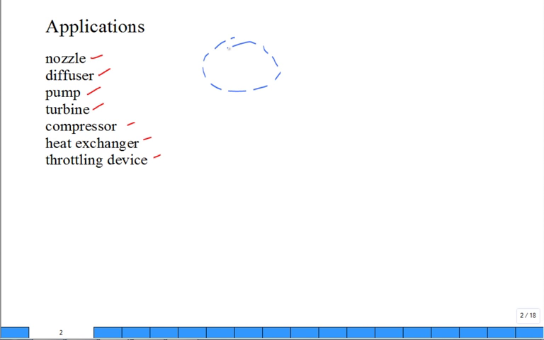There's some mass flow in, some mass flow out. Some of them have heat transfer in, some of them have shaft work out. So you have m dots like that. And it's just the same equations applied to a large number of applications.